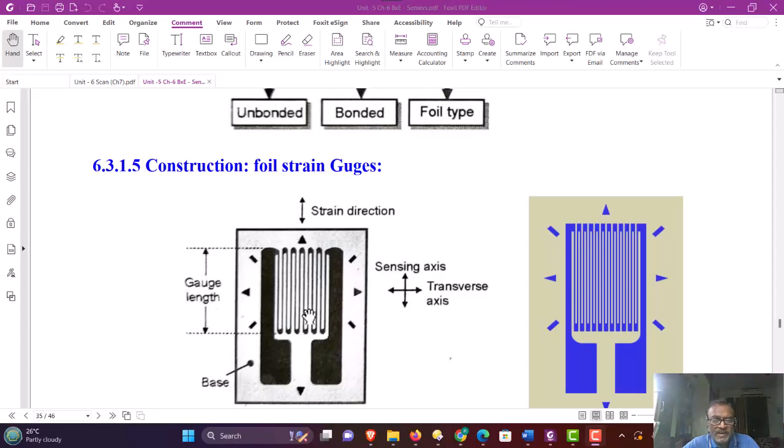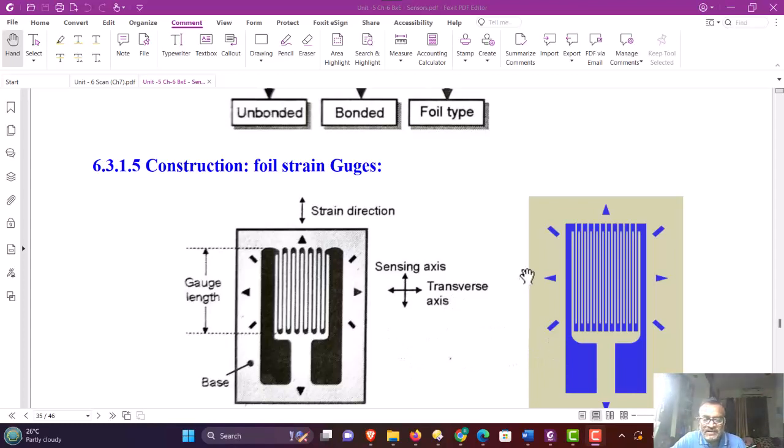If we apply the strain in the particular direction, then only the wire gets elongated. If you apply the strain in the horizontal direction, in the x-axis direction, then no wire is getting elongated and therefore there is no change in resistance. Whereas if we apply the strain in the y-axis direction as shown in the diagram, the wires are getting stretched and therefore resistance will change.